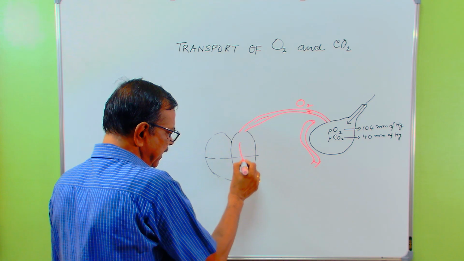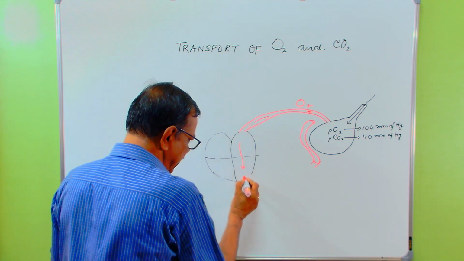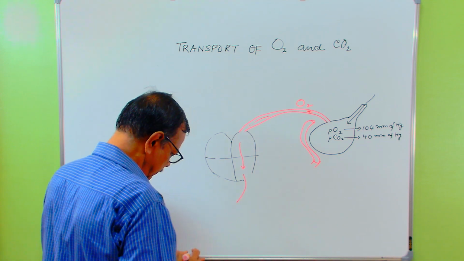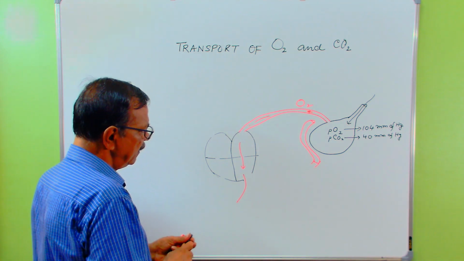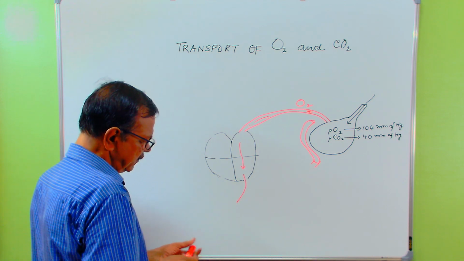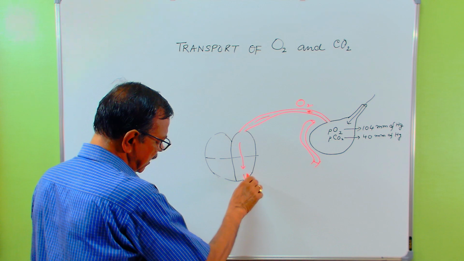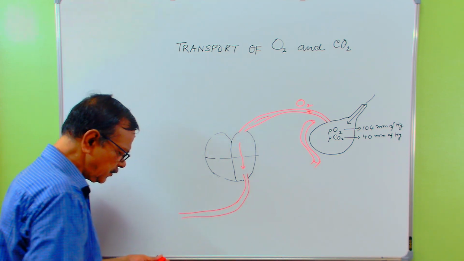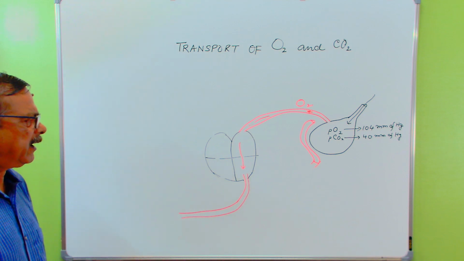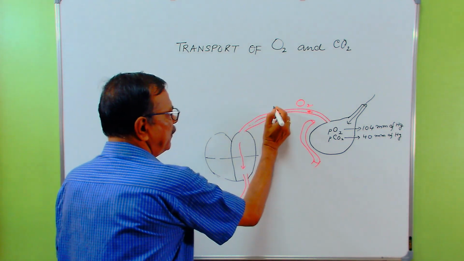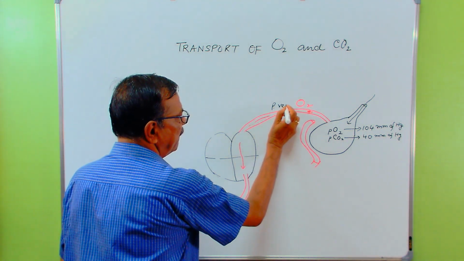So this oxygenated blood goes out of here to different tissues or cell for respiration. This oxygen is coming through pulmonary vein.